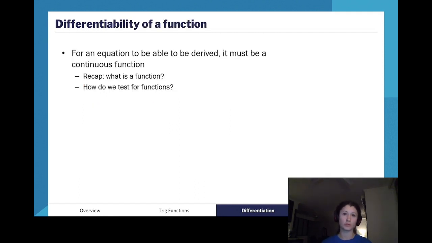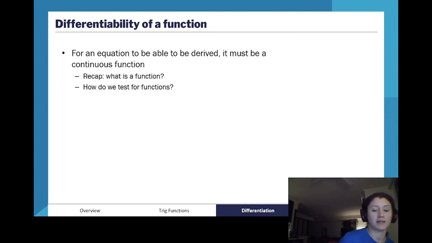Now let's get on to the differentiability of a function. This tells us whether we can actually derive a function. For an equation to be able to be derived, it must be a continuous function. So have a quick think about what is a function, how do we test for functions, and what is a continuous function. Remember, a function is an equation that when graphed passes the vertical line test.